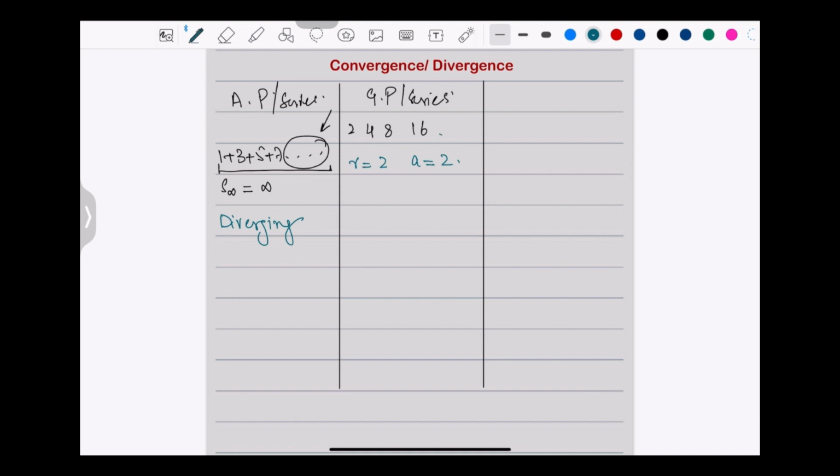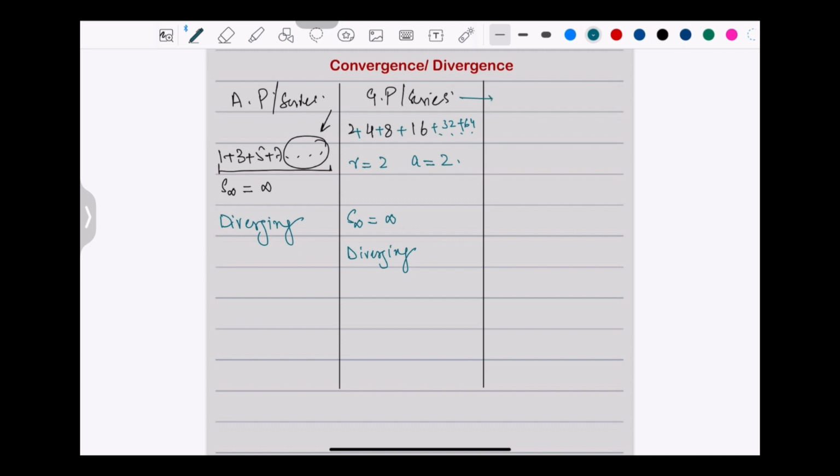If I keep on writing the terms, 32 after this, 64 after this, and so on, the series is not ending anywhere. The sum to infinity is going to be infinity, and hence diverging.